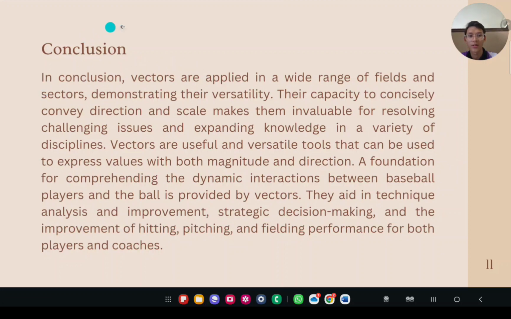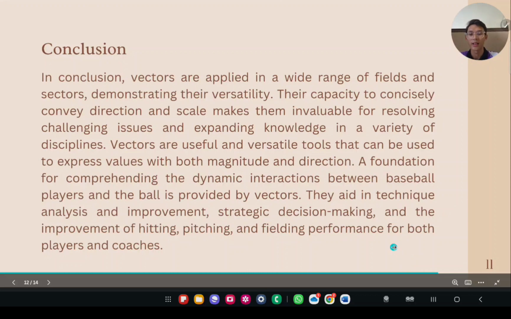So the conclusion. In conclusion, vectors are applied in a wide range of fields and sectors, demonstrating their versatility. Their capacity to concisely convey direction and scales makes them invaluable for resolving challenging issues and expanding knowledge in a variety of disciplines.